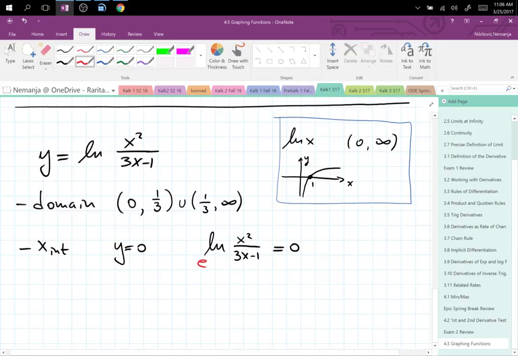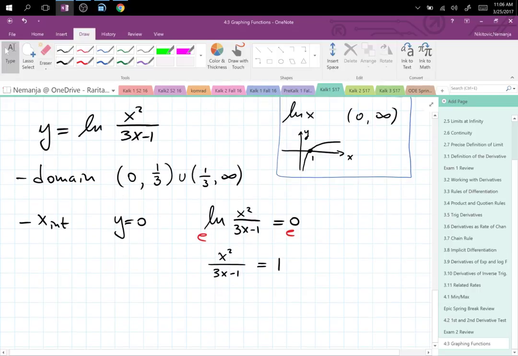Very good. So we get x squared over 3x minus 1 equals e to the 0, which is 1. When we cross multiply, x squared is equal to 3x minus 1, and that gives us x squared minus 3x plus 1 equals 0.